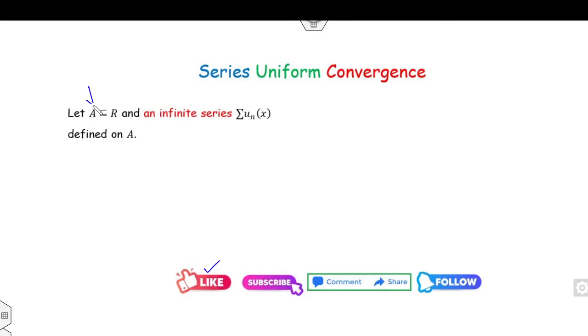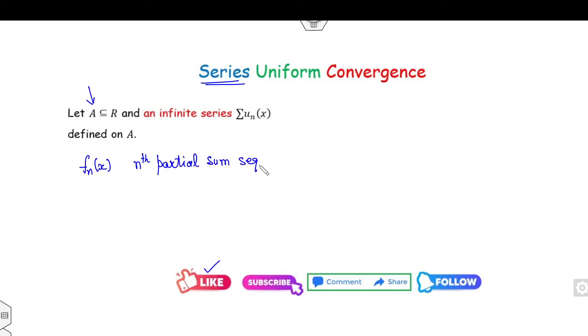Whenever you have a subset A of R and we define the infinite series summation of un, then whenever you are defining the uniform convergence of the series, your first target is to define the nth partial sum sequence. What is the meaning of the nth partial sum sequence?